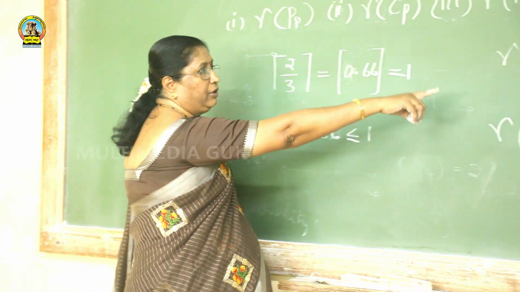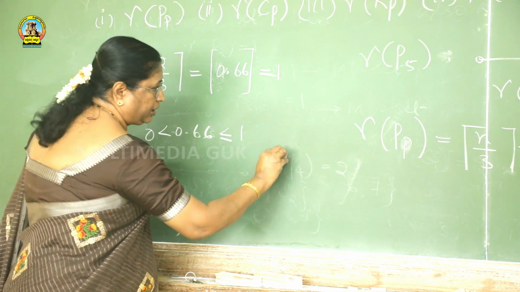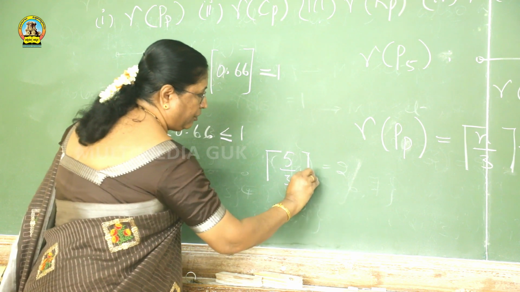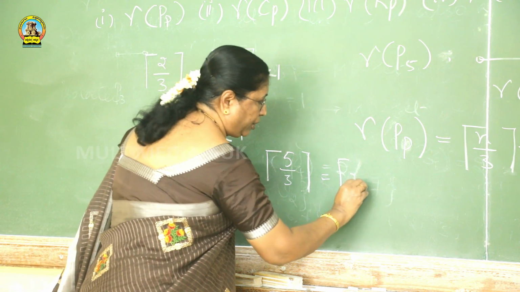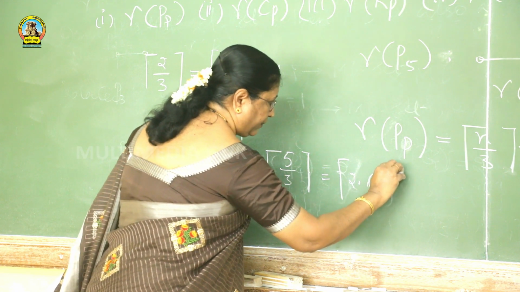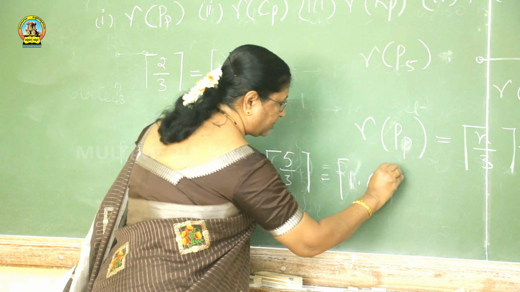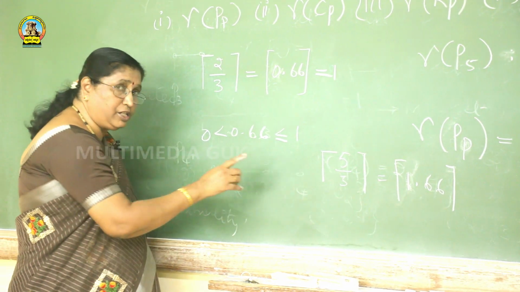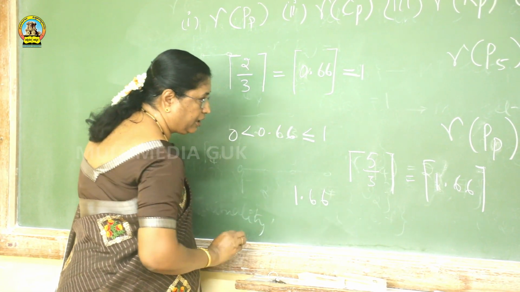Now for example, you take here gamma of P5. What you are getting is 5 by 3, whose value you can notice as 1.66, sorry, not 2.66. With this reference you have to choose in which range it is lying.